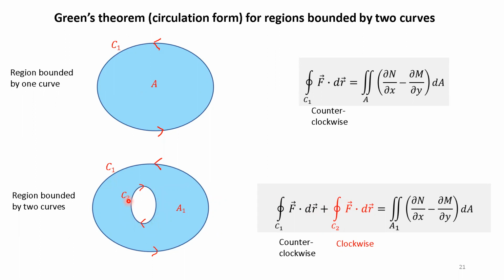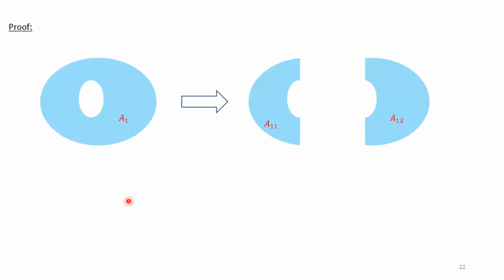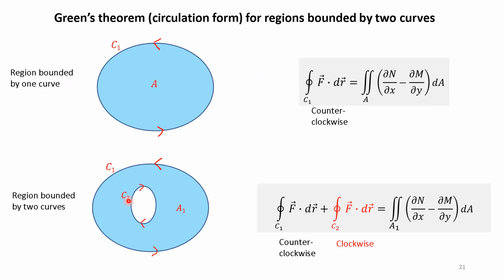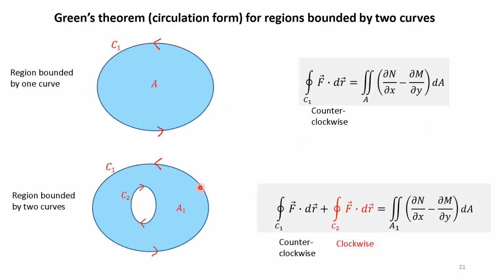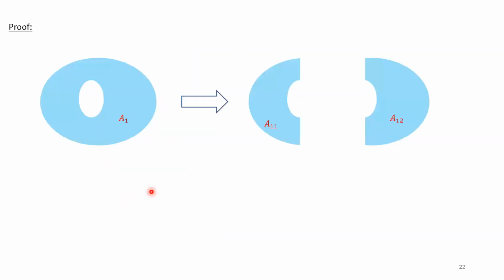So how does it work? Why is it like this? There is a very simple geometrical proof. When we talk about a region with a hole like this, we can consider this one and cut it in half.